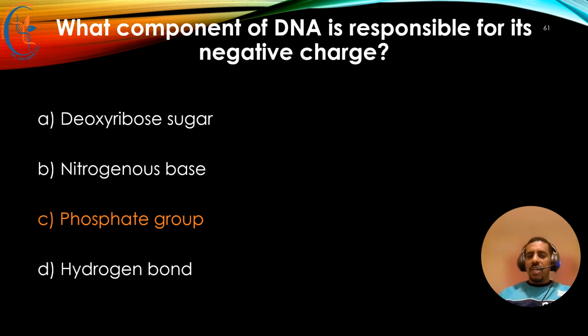Actually, this phosphate group is responsible for the negative charge of DNA. Why? Because this phosphate group contains negatively charged oxygen atoms. When DNA is in aqueous solution, these oxygen atoms lose their protons, resulting in a negative charge.